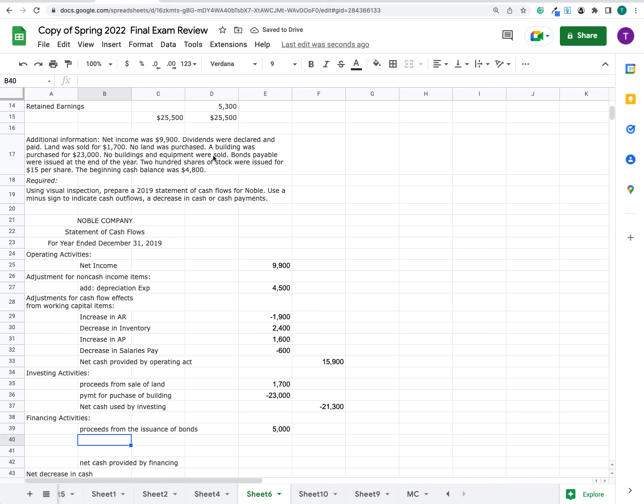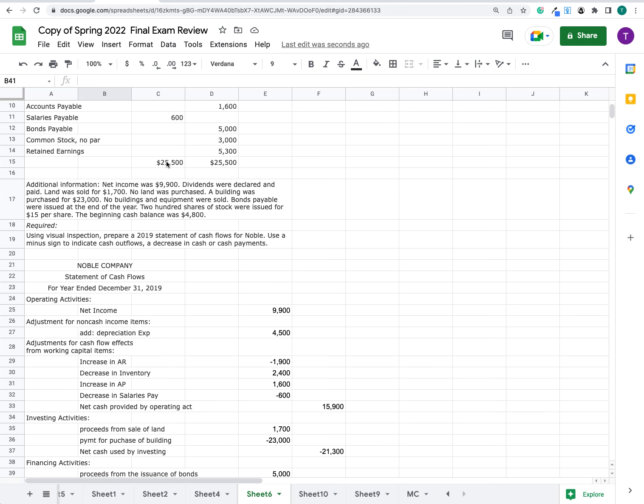Then they told us 200 shares of stock were issued for 15 per share. So we'll put proceeds from the issuance of common stock, and that was 200 times 15. Okay. And then we also need to calculate dividends.